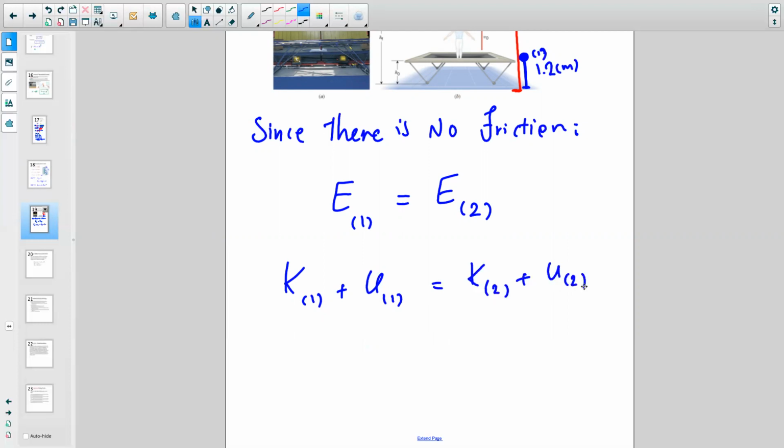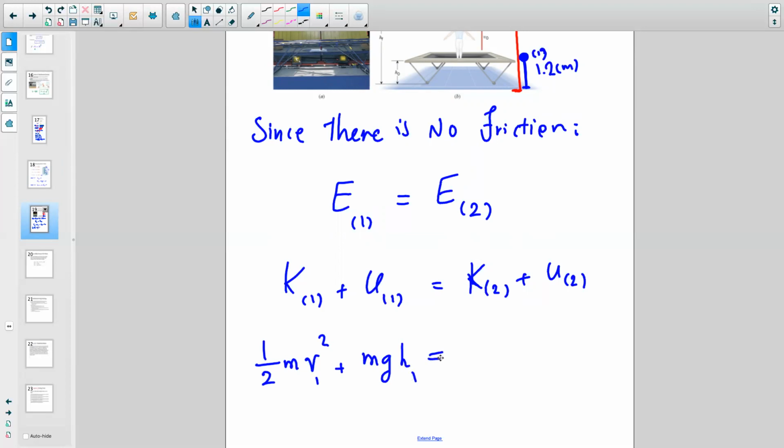Just pay attention to these indexes that I am using. So for point 1, I am using 1, and for point 2, I'm using 2. This is K, by the way. So K of point 1 is half m v1 squared plus U of point 1 is m g h1, equals.